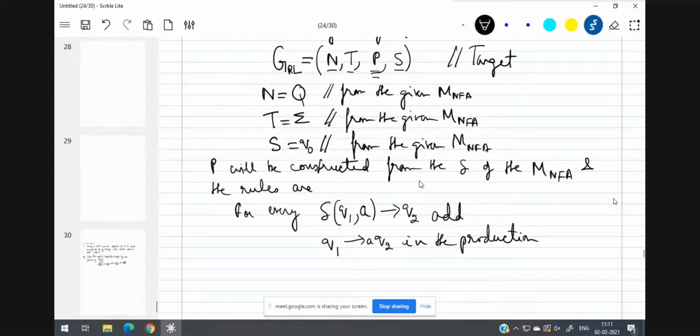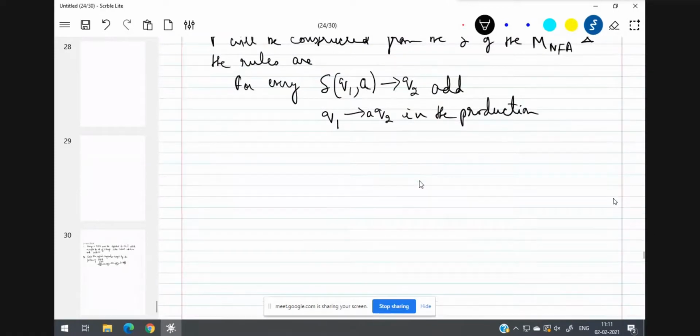And then, if Q1 belongs to the set of final states, then add Q1 replaceable by epsilon in the production.